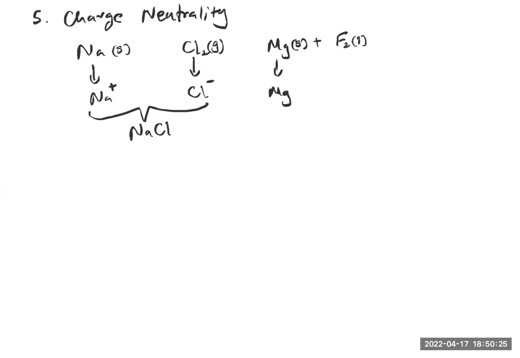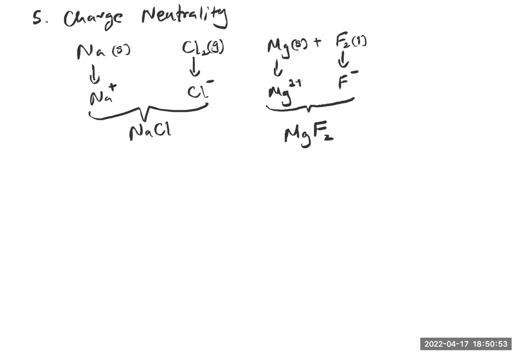With fluorine gas, we're going to get fluorine atoms. Magnesium will always form +2 because it has 2 valence electrons, and fluorine will always form -1. Therefore, when they combine to make a neutral compound, you're going to need 2 fluoride ions to neutralize this magnesium 2+. So the chemical formula would be MgF2.